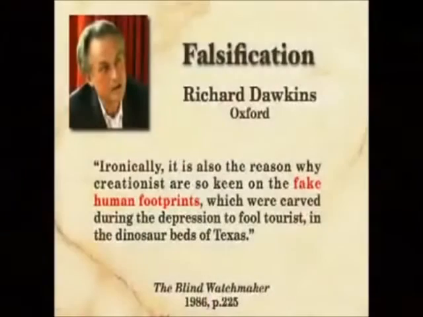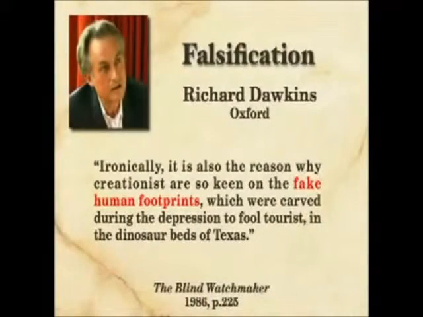That's just the assumption. But he goes on in this discussion of what would test and falsify evolution, saying, ironically, it's also the reason why creationists are so keen on the fake human footprints which were carved during the Depression to fool tourists in the dinosaur beds of Texas. So he's heard about our work down at Glen Rose all the way from Oxford.